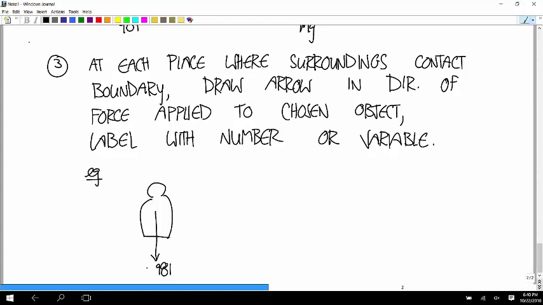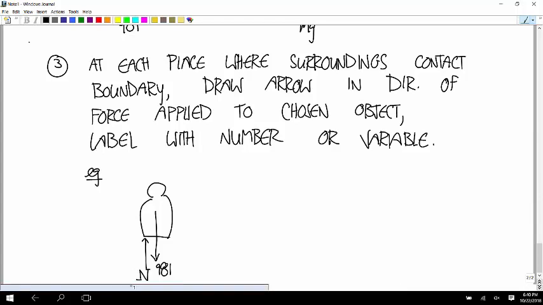And so the direction of the contact force applied to the man's feet by the scale is up. And then give it a variable name. I'm going to call it capital N, but we'll talk about that more in a little bit. You could call it X or Y or whatever. I'm going to call it capital N for normal force. So for the example of the man standing on the scale, this is a complete free body diagram.